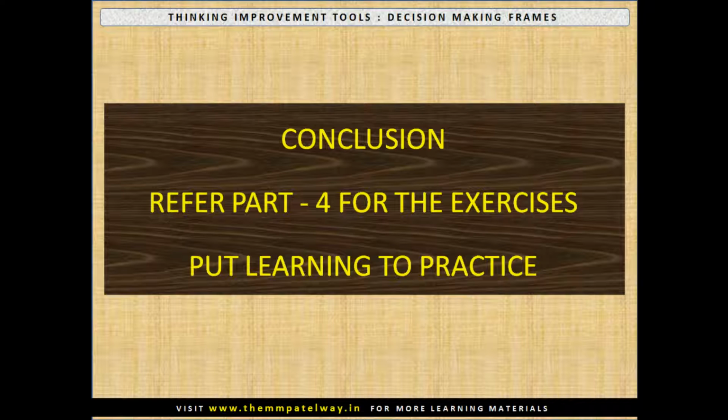The discussion on improving thinking skills, concept and techniques will be followed by more than 20 sets of exercises. You will find many exercises where you would like to use decision making frames. I would suggest you to use the technique sincerely and seriously.